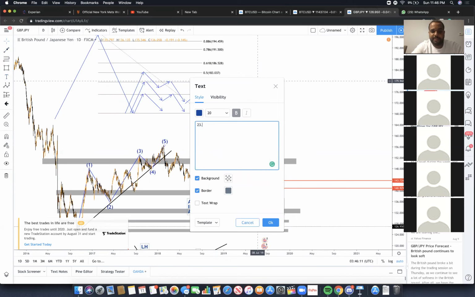After the 23.6 level, failure to break, strong push down, right? 38.2, slightly.